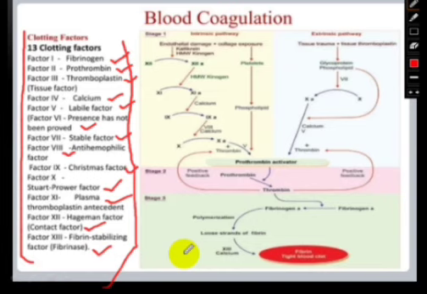There are methods we normally use to recall the clotting factors. So you need to go and get methods that will help you recall these clotting factors.